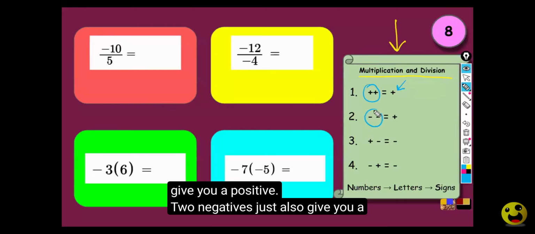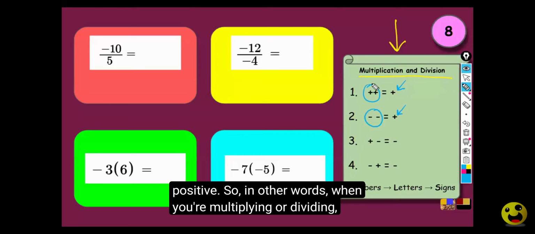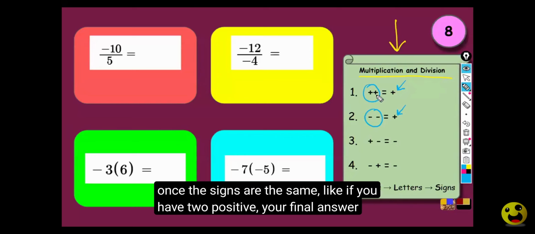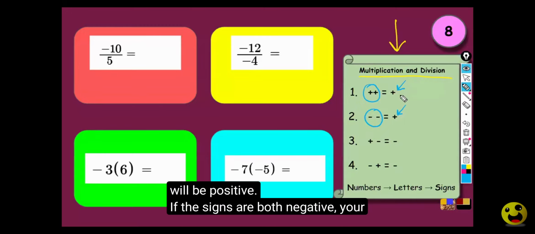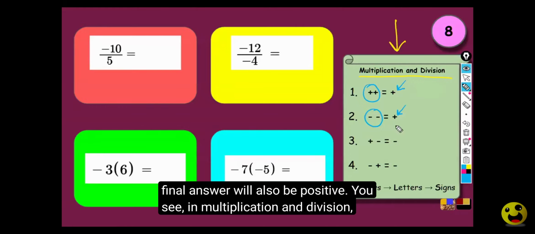Two negatives, this also gives you a positive. So in other words, when you're multiplying or dividing, once the signs are the same, like if you have two positives, your final answer will be positive. If the signs are both negative, your final answer will also be positive.